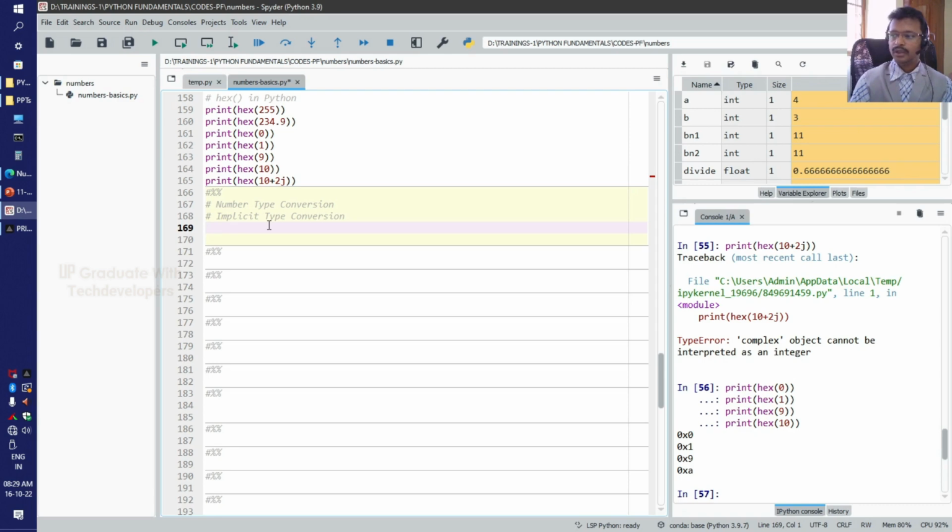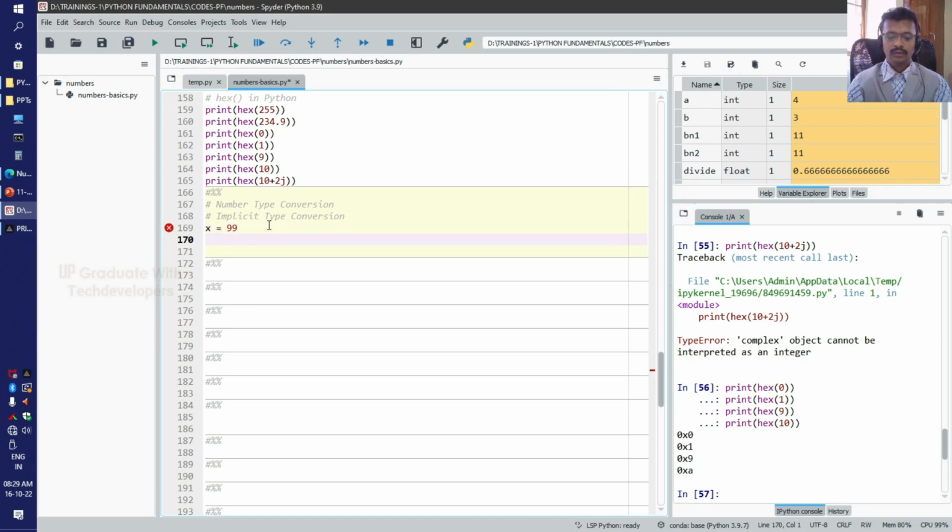Hence, int will be converted into float implicitly during the operation. For example, here I have x is equal to 99 and y is equal to 1.11.